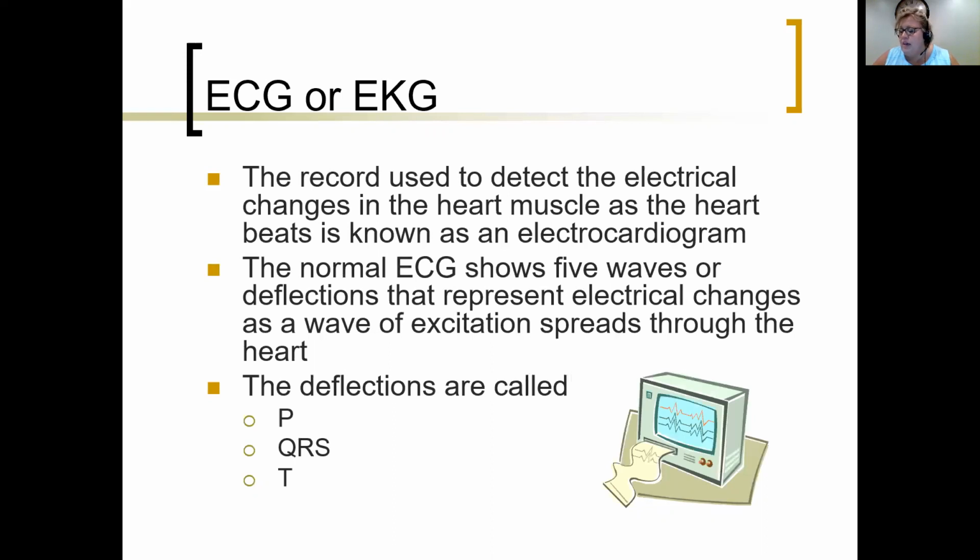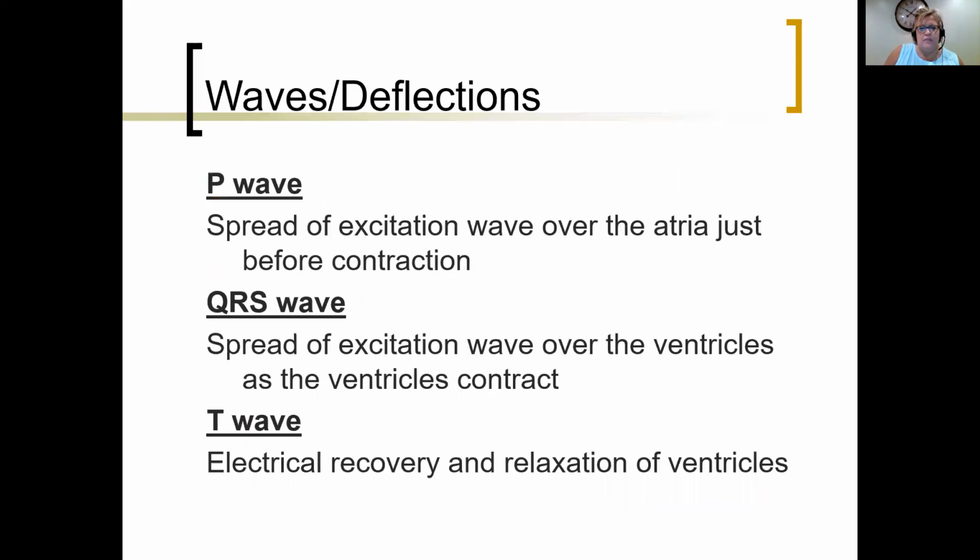And then the T wave is the ventricles resting or getting ready to go again. So PQRST is normal sinus rhythm. P wave is the atria, QRS, like we just talked about, was the ventricles, and the T wave is recovery and relaxation of the ventricles.